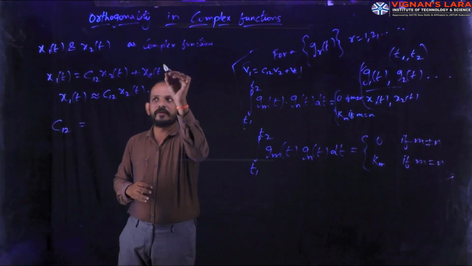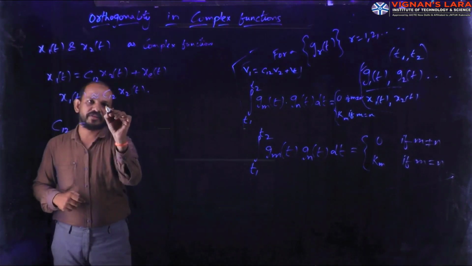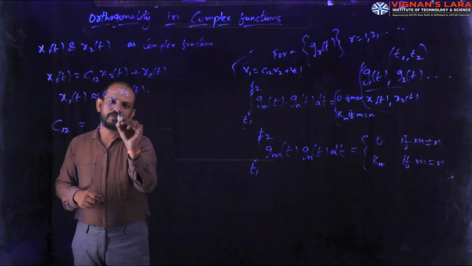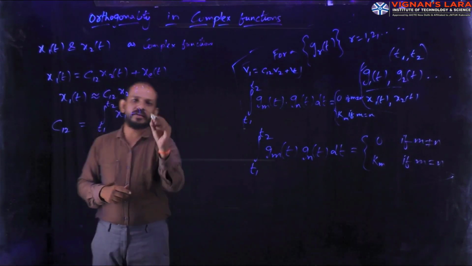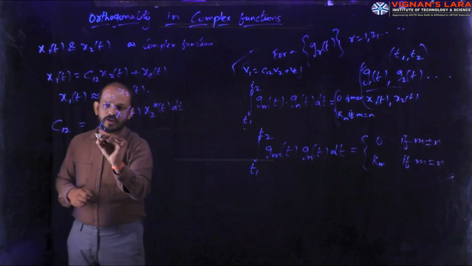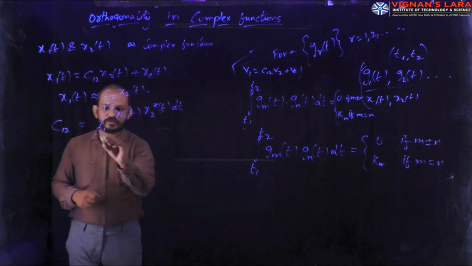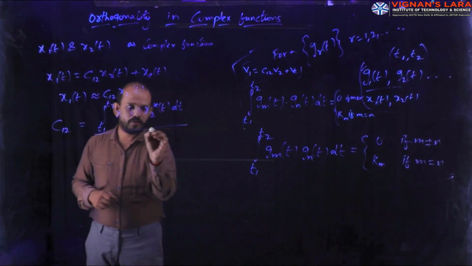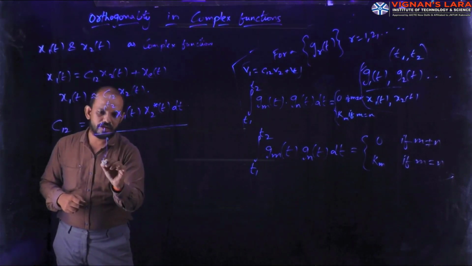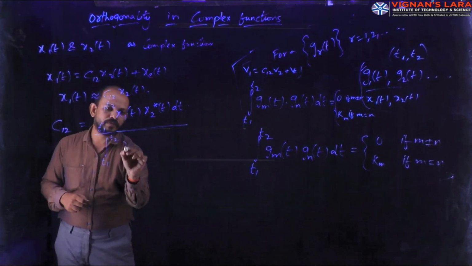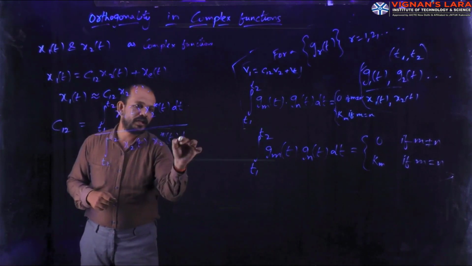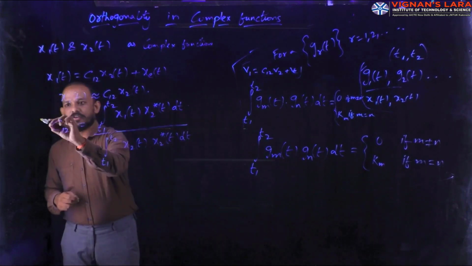For this, the value of c12 should be the integral from T1 to T2 of x1 of t x2 star of t dt, whole divided by the integral from t1 to t2 of x2 of t x2 star of t dt. So this is the value of c12.